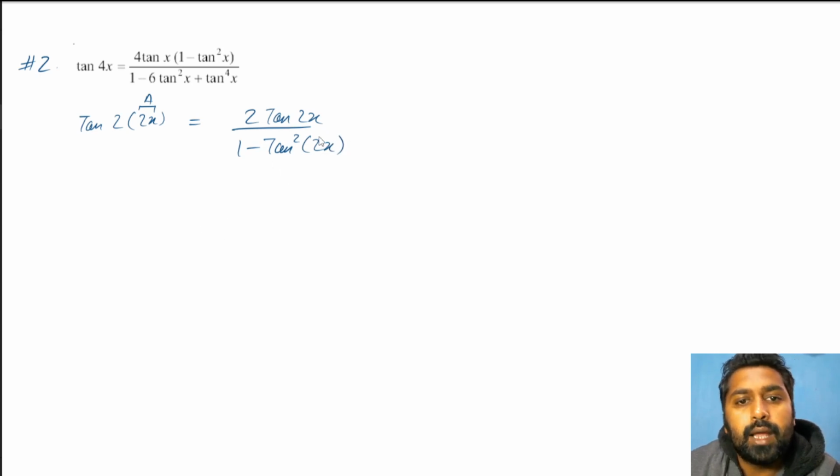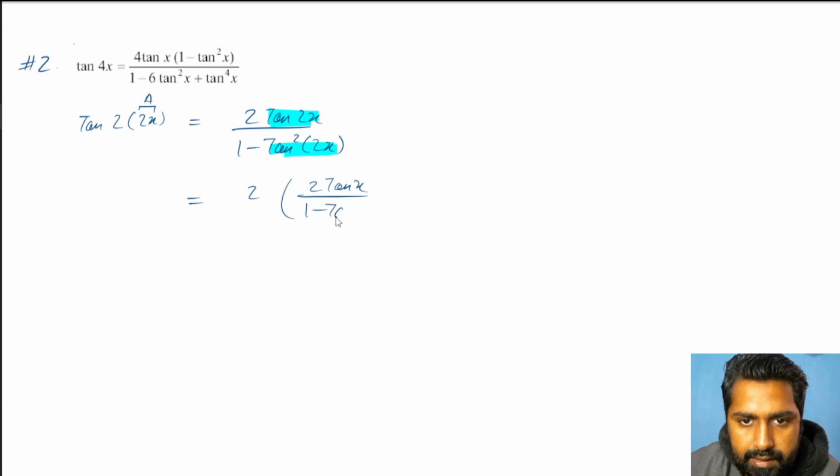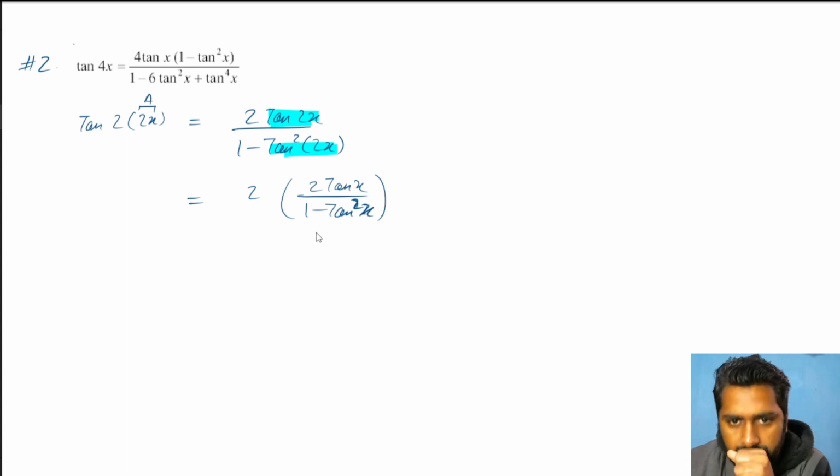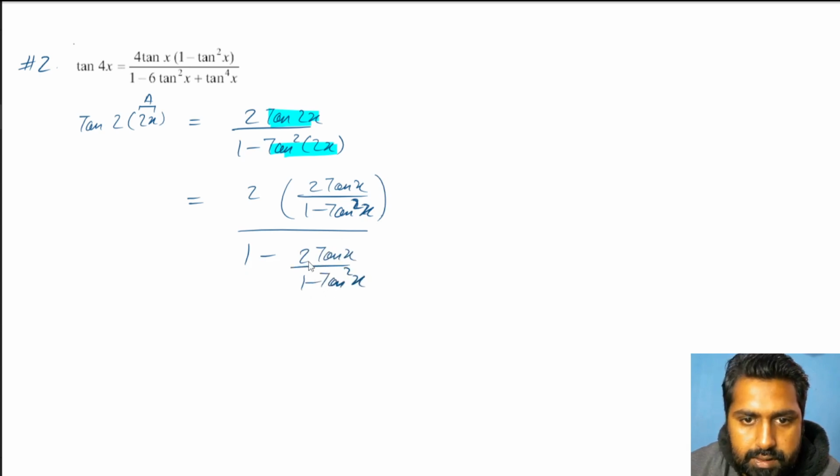And then again I'll apply the expansion of tan 2x. So let's apply it. So numerator will become 2 bracket 2 tan x upon 1 minus tan square x. Okay. This was the identity, upon 1 minus 2 tan x upon 1 minus tan square x, and there's a whole square present in the denominator.